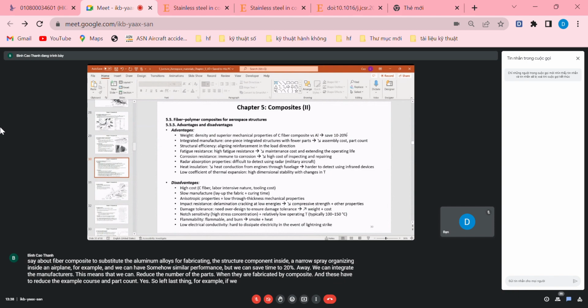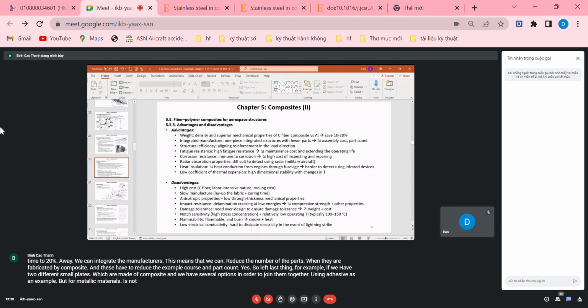Yes. So let's think, for example, if we have two different small plates which are made of composite, we have several options in order to join them together, using adhesive as an example.